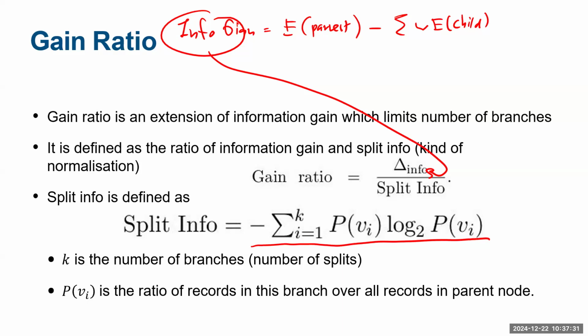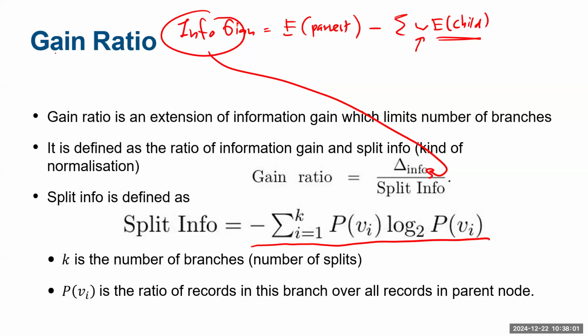So this is kind of similar to the entropy of all the children combined, right? In the information gain, you combine the entropy of the children, but you have a weight. So a child that has a large number of data is going to dominate this term.